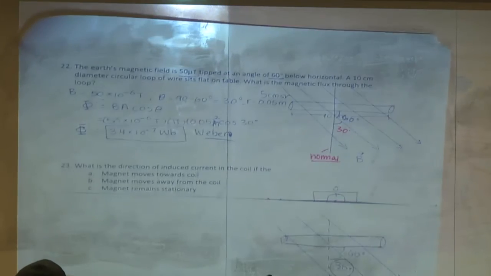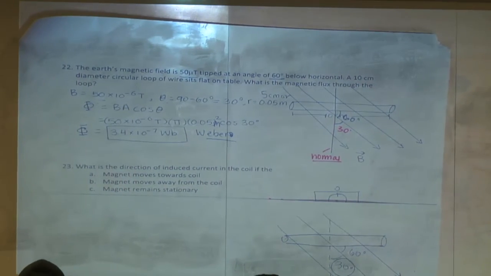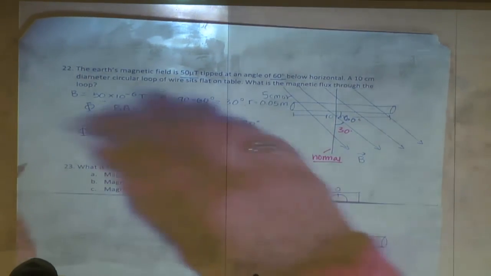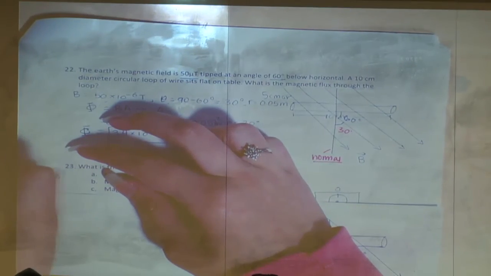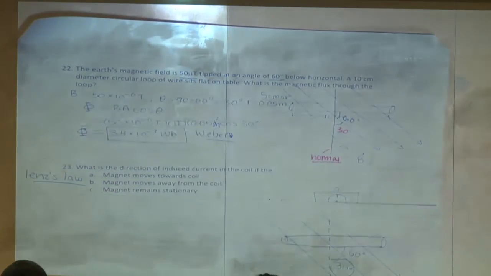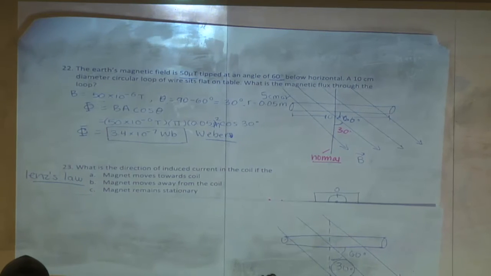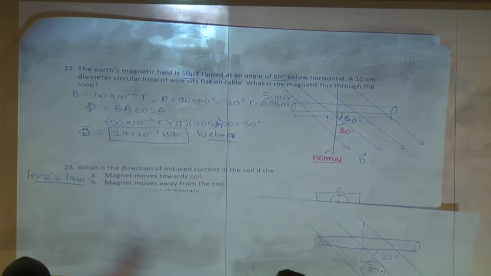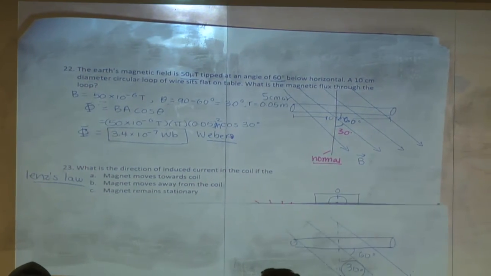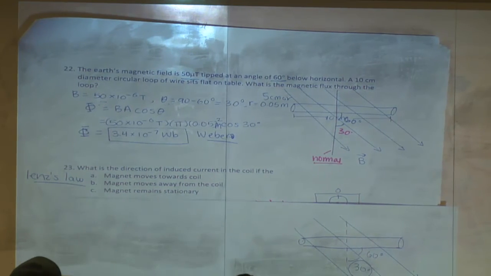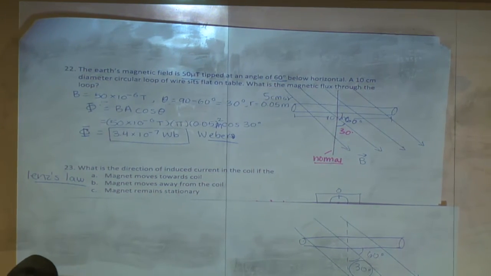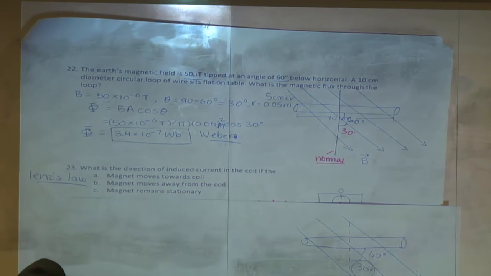Okay, so this one's a bit long, but this question uses Lenz's law, which basically states that if you have a change in magnetic flux, there's going to be an induced magnetic field that's going to oppose the change in that flux, right?